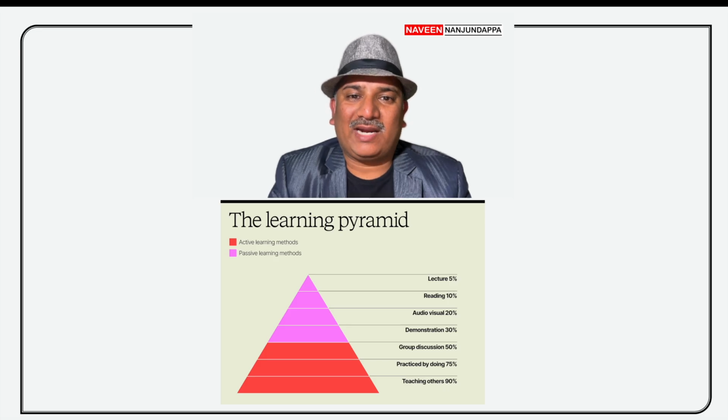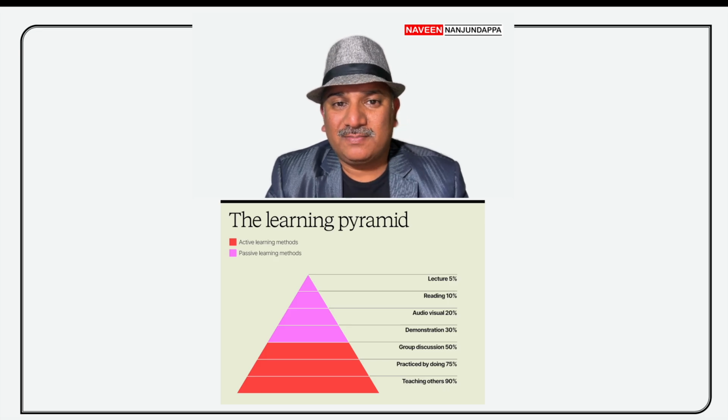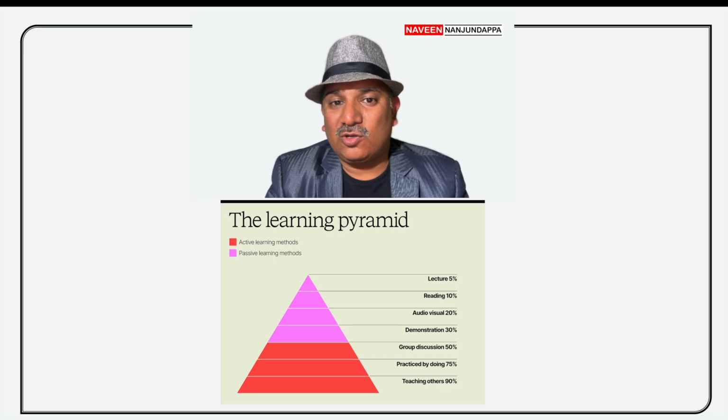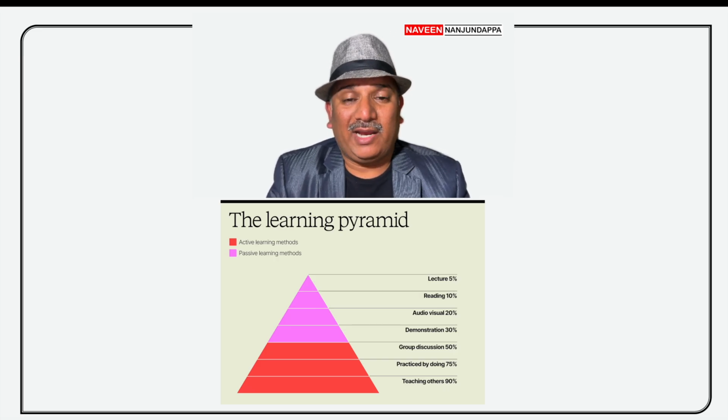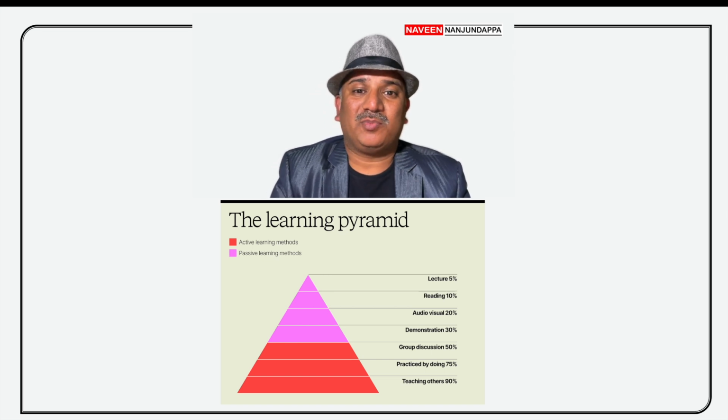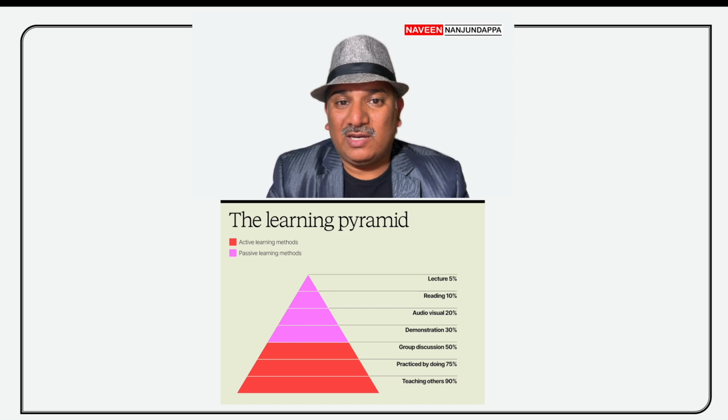So I involve group discussions, practice sessions, and some demonstrations so that people can learn by looking at things. Throughout the session, I encourage participants to engage in conversation, question, think deeper, and reflect on their own thought process. It not only keeps people active, but also makes learning effective.